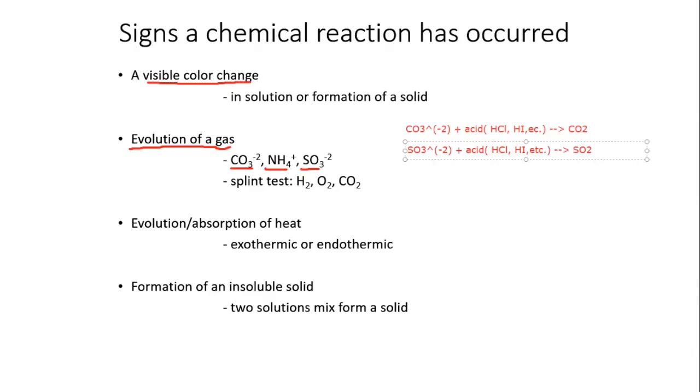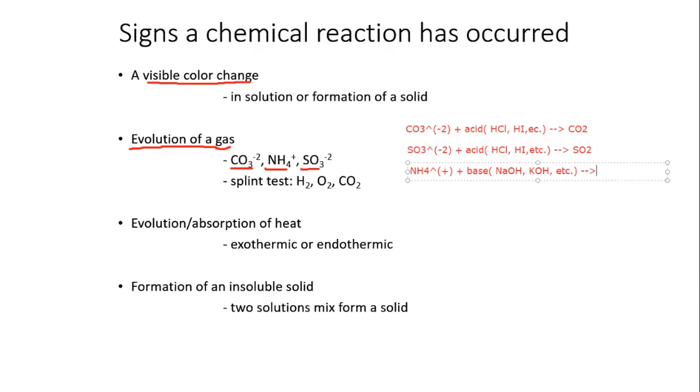Now ammonium, and notice that carbonate and sulfite are anions, they react with an acid to produce a gas. Whereas ammonium is a cation. It reacts with a strong base. So for example, or any base, sodium hydroxide, potassium hydroxide, etc. And so a strong base, as you probably learned in the lecture, is something that contains a hydroxide, usually group 1 or heavier group 2 hydroxides are strong bases.